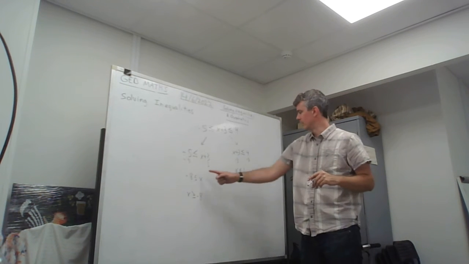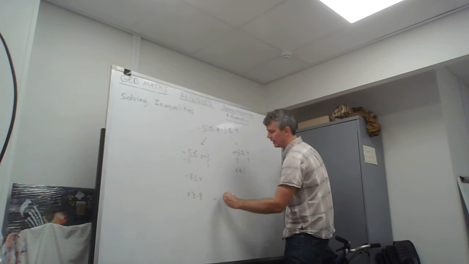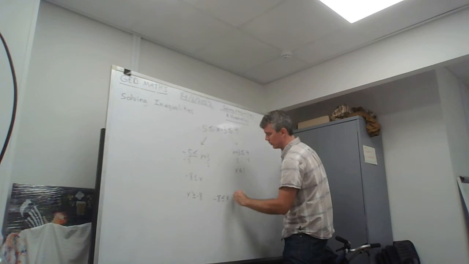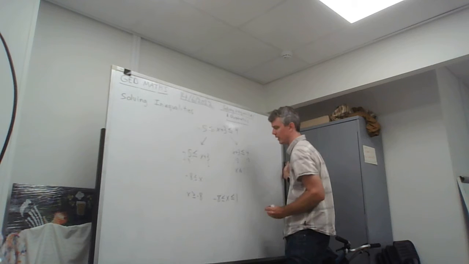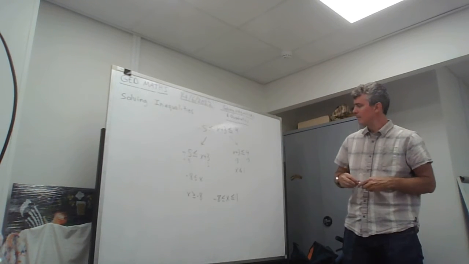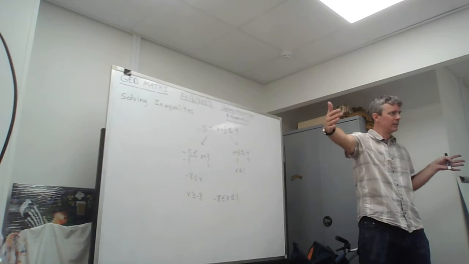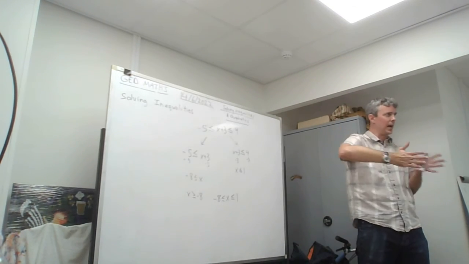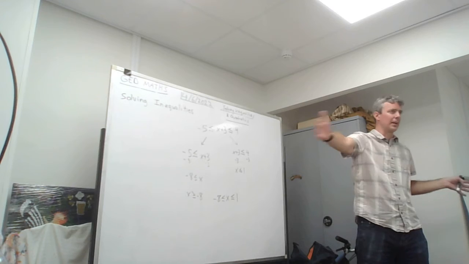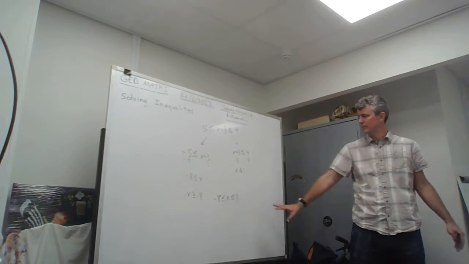So we can write this as minus 8 is less than or equal to x, which is less than or equal to 1. So that means x is somewhere between minus 8 and 1. It's a way of expressing the range. That's how we're writing this.